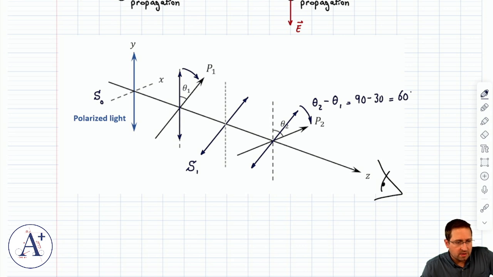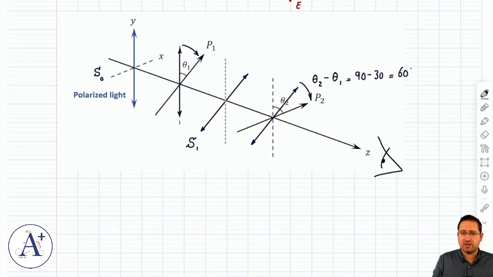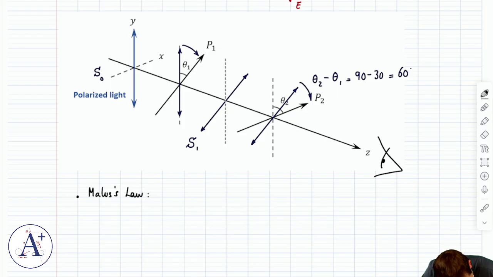All right. So I'm going to apply Malus's law twice. I don't ever go from unpolarized light to polarized light. I just go from polarized to polarized. So I'm going to write Malus's law.